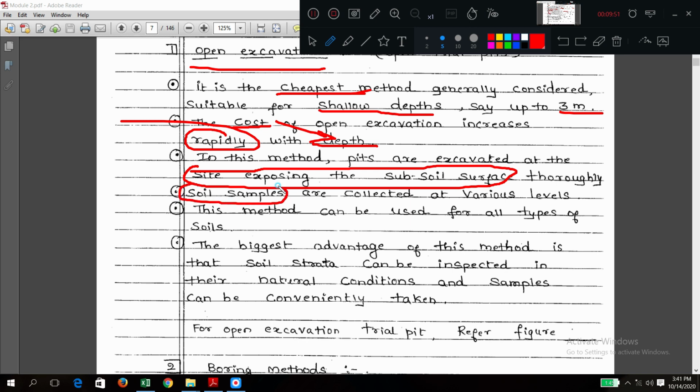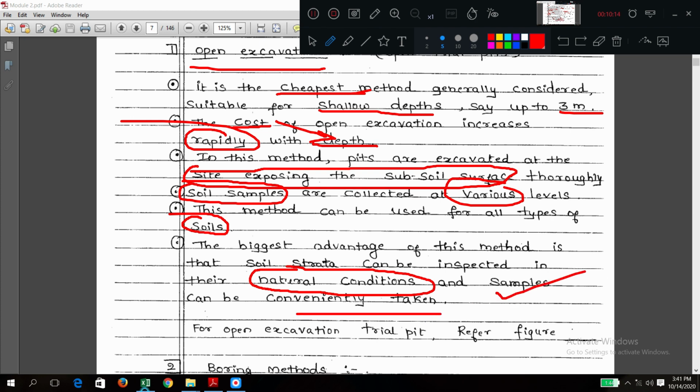Soil samples can be collected at various levels. It is suitable for all soils, and the important advantage is that soil can be studied in its natural condition. Samples can be taken conveniently.